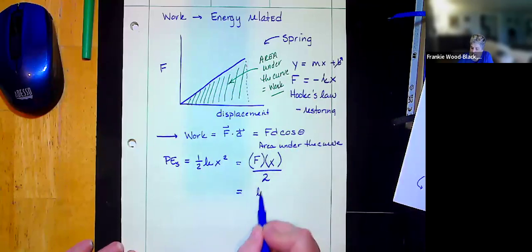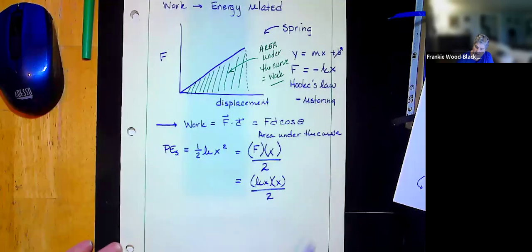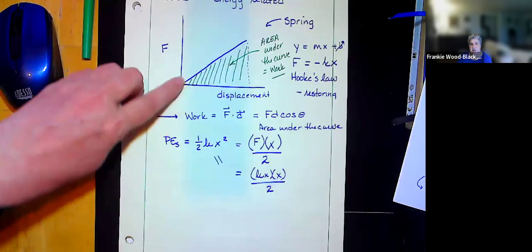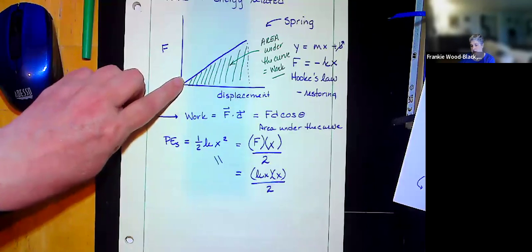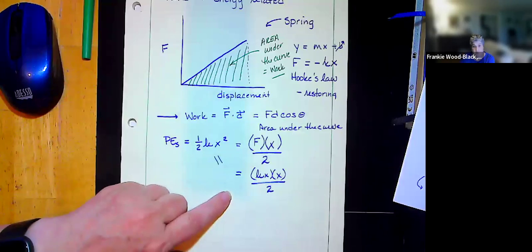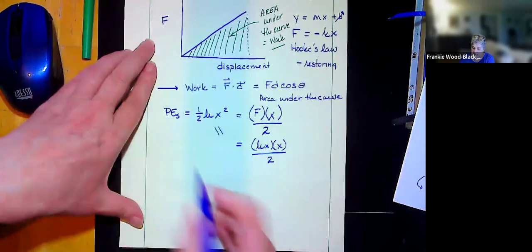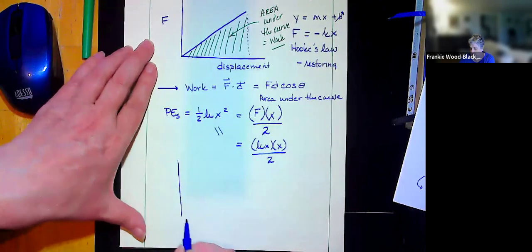That's my kx. If I'm looking at my magnitude, there's my x, and there's my 2, and these two are equal. So you can actually see that the work under the curve is equal to the potential energy of our spring.